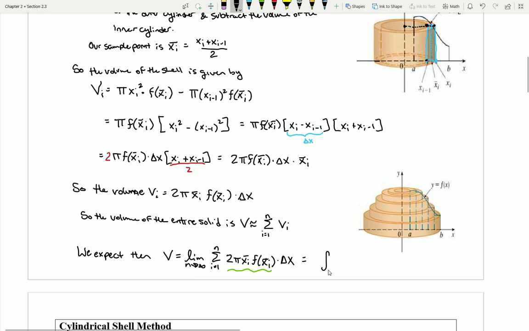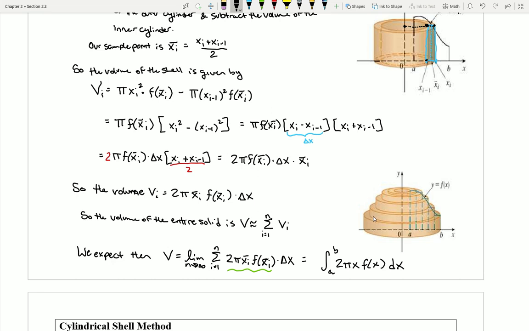So this actually looks like an integral that goes from a to b. Notice that's kind of where my original rectangles would have started and stopped. And then I have a 2 pi x f of x dx. And this here would be an integral that represents the volume of this solid, but not calculated with washers, not calculated with discs, but calculated with these new cylindrical shells.